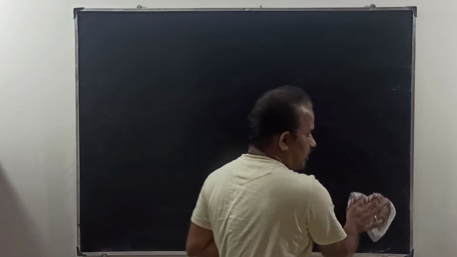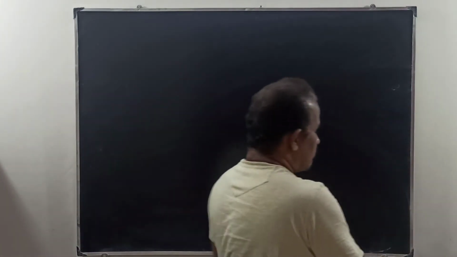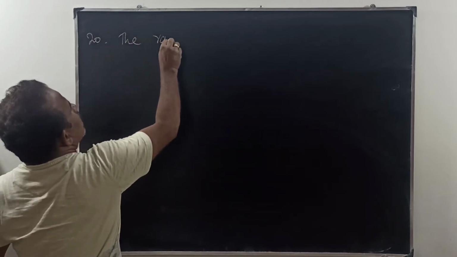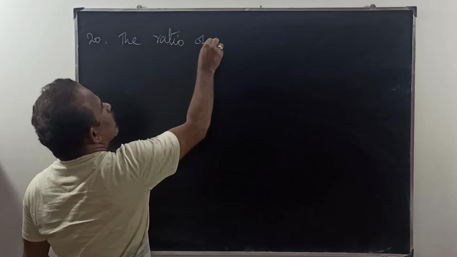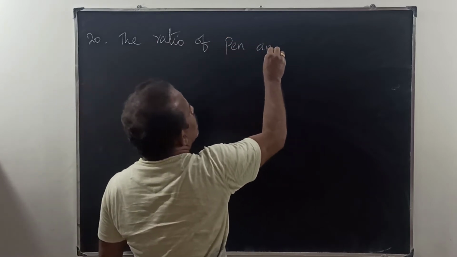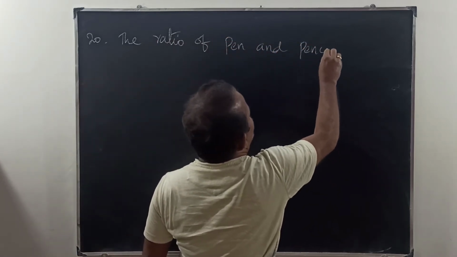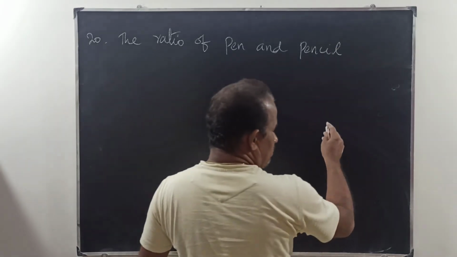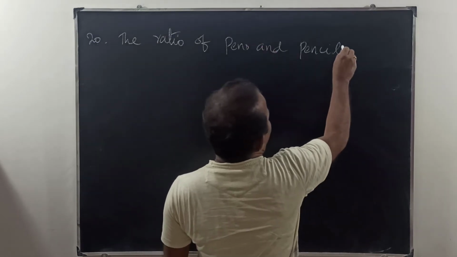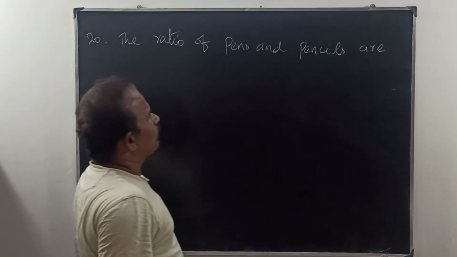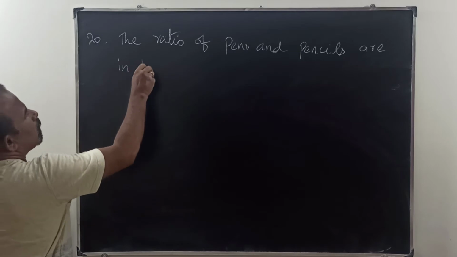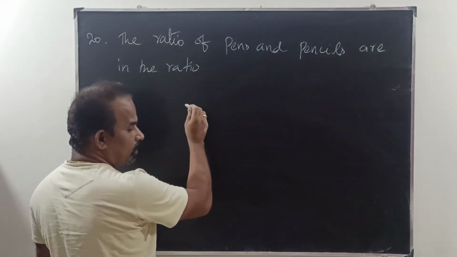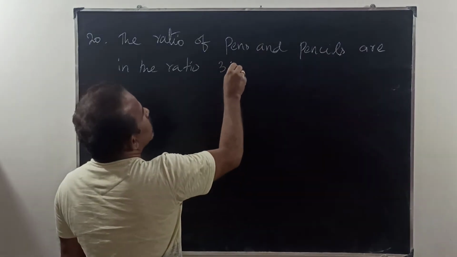The 20th question: pens and pencils are in the ratio 3:2 respectively.